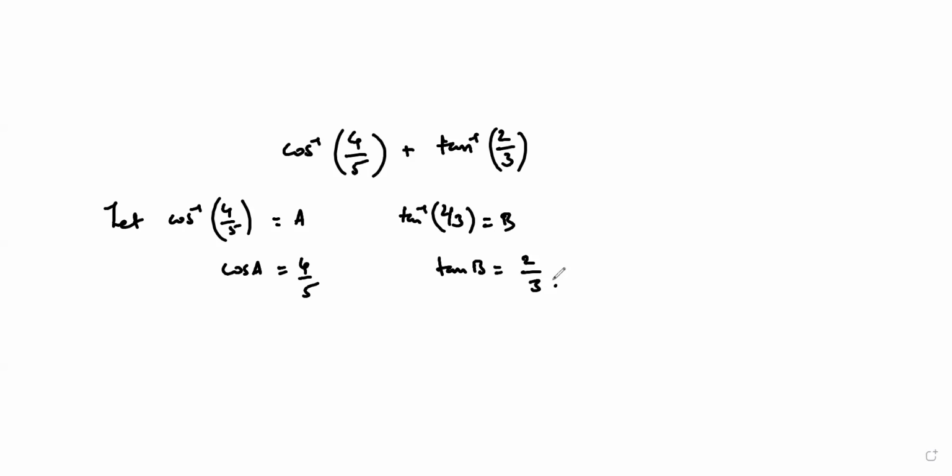Correct? So from this can I find tan A? Cos A is 4 by 5, so tan A will be 3 by 4, right? Not that, sorry. One minute.